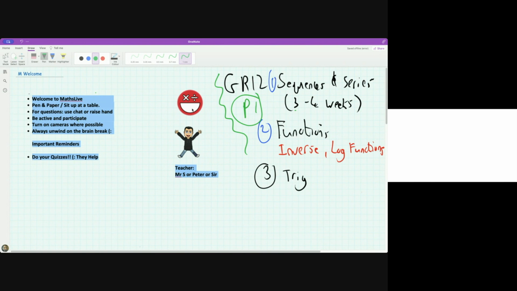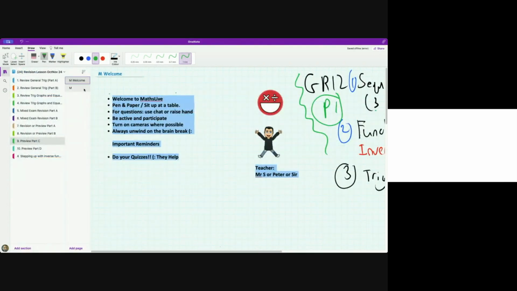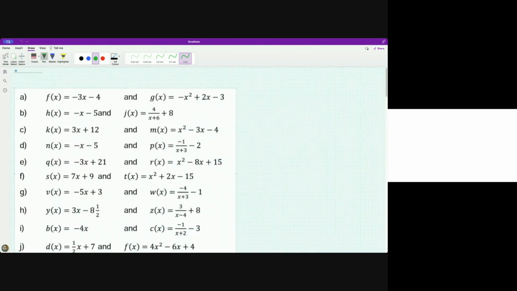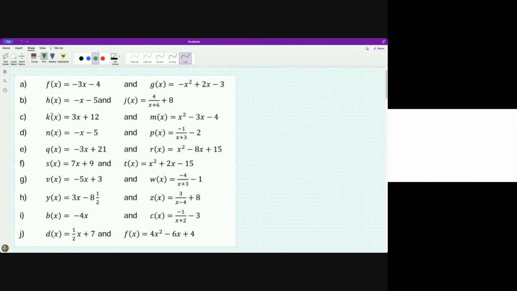Okay, fantastic. Well, let's have a look at this idea of what an inverse function is. Instead of these funky functions here, let me take this one, and let's think of that function as y equals 3x plus 12.